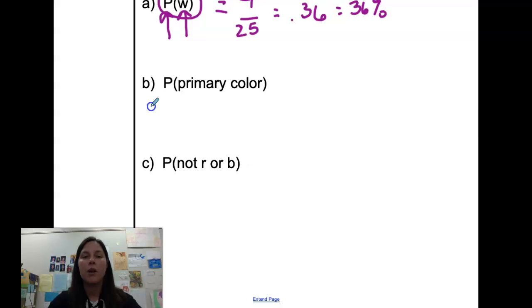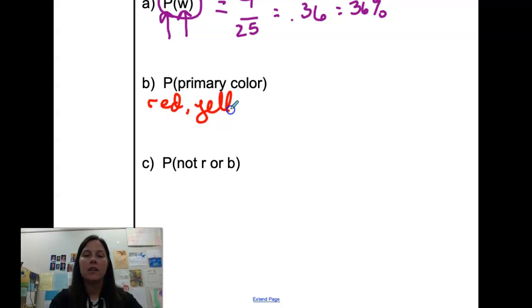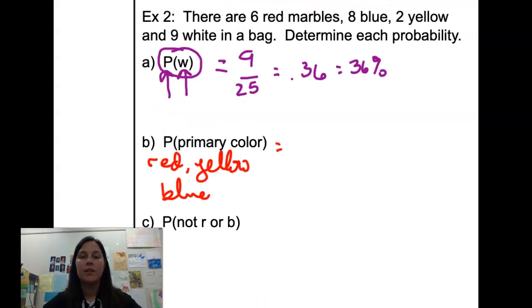Part B, what is the probability that we pull a marble that is a primary color? Well, the primary colors are red, yellow, and blue. So we have 6 red marbles, 8 blue marbles, which gives us 14, plus 2 yellow marbles.